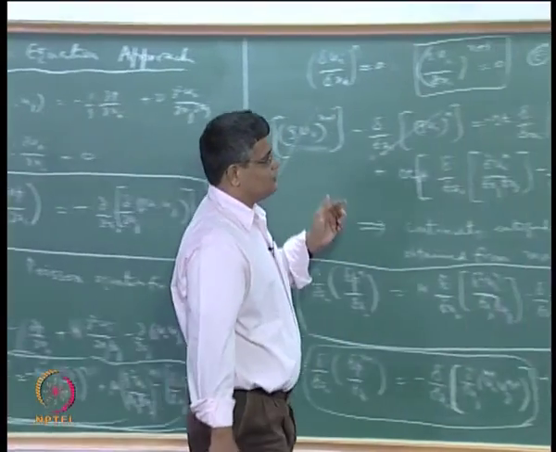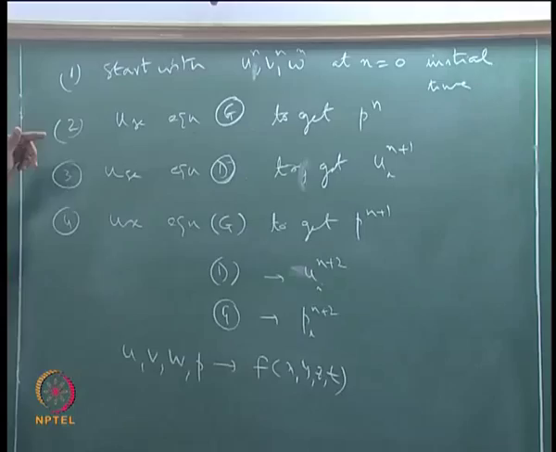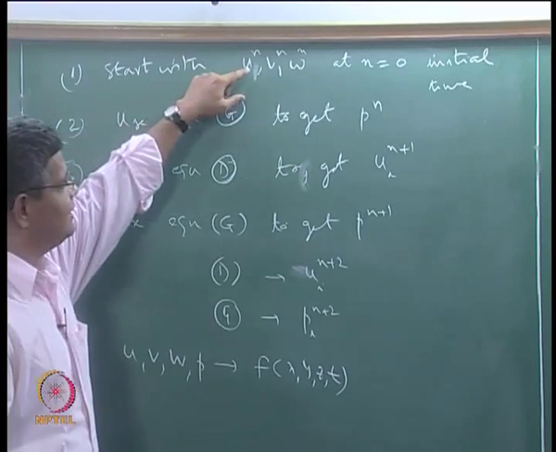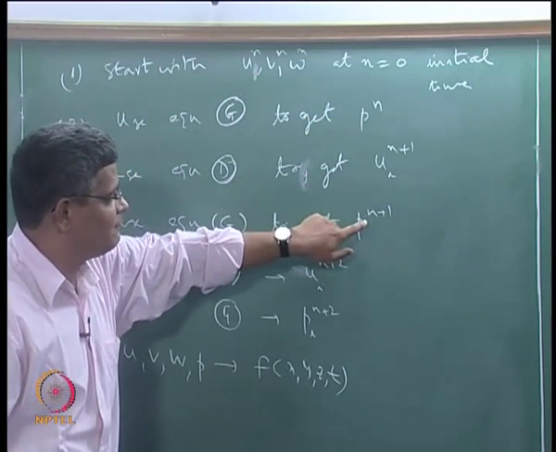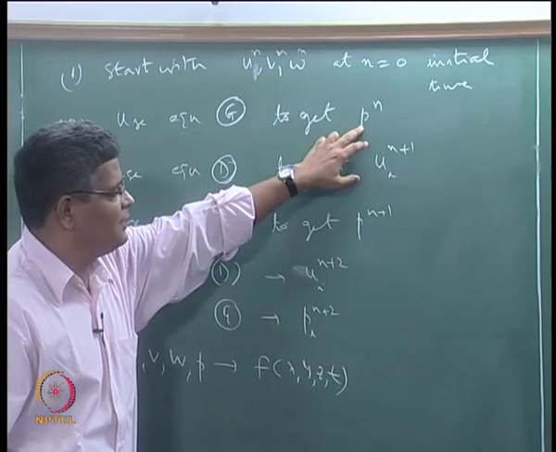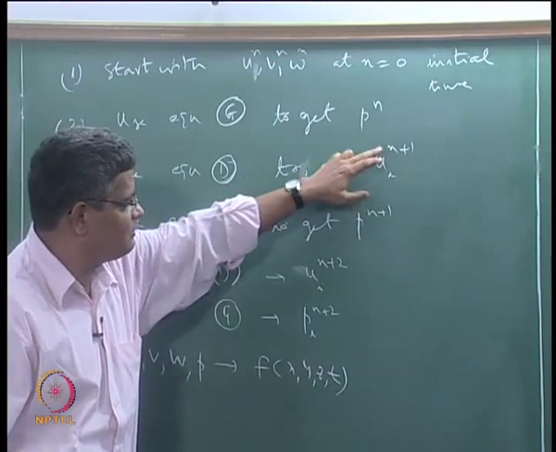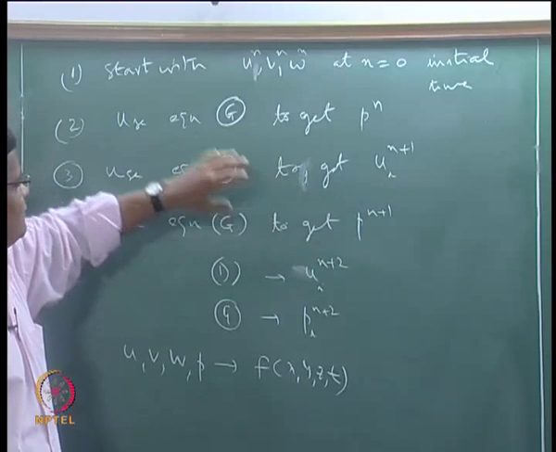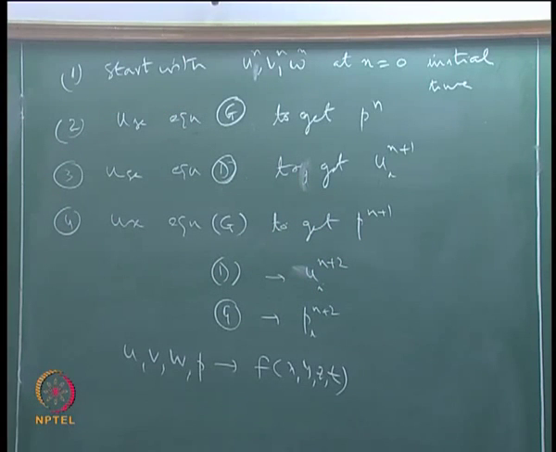So the effort that is needed to go from nth time step to n plus 1th time step, where from un and Pn we get to ui n plus 1 and Pn plus 1, we need to solve one Poisson equation and 3 explicit equations.